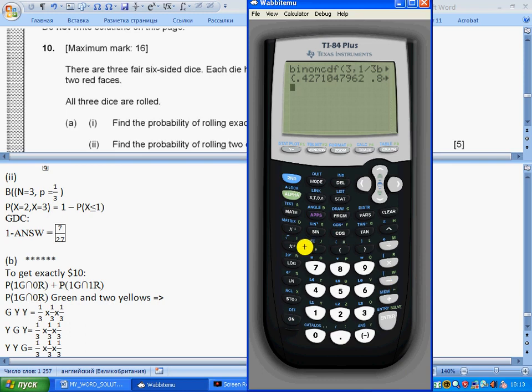Why is it B, some B's here? What is this B? Okay, again, second distribution, let's check what is wrong. Cumulative distribution, right, okay. 3, x value 1, paste.